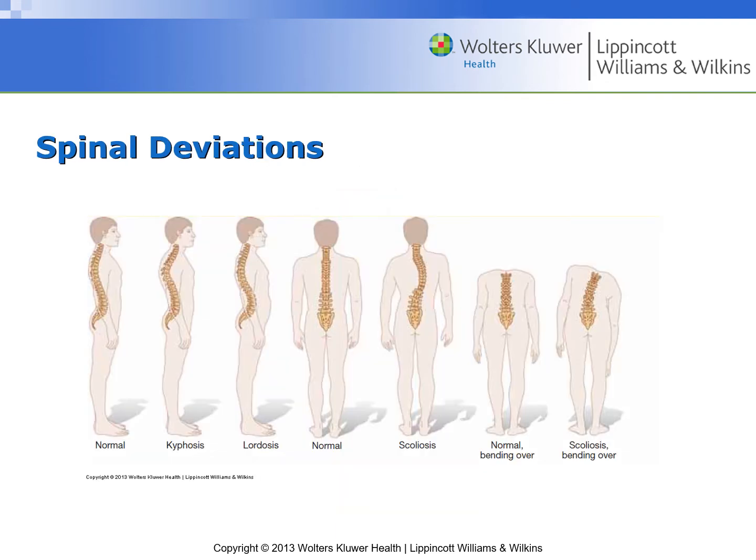So now let's discuss spinal deviations in terms of the normal curvature of the spine. The spinal column can develop exaggerated lordotic or kyphotic curves as functional adaptations or in conjunction with diseases such as osteoporosis. A hyperlordotic curve in the lumbar spine is commonly called swayback, while the term humpback is sometimes used to describe hyperkyphosis of the thoracic region.